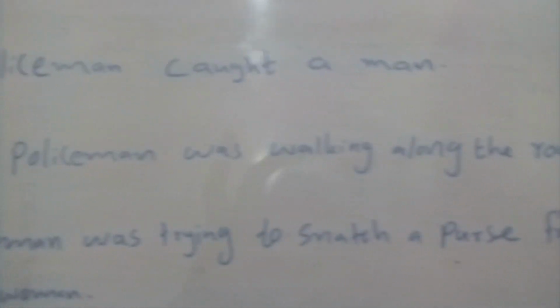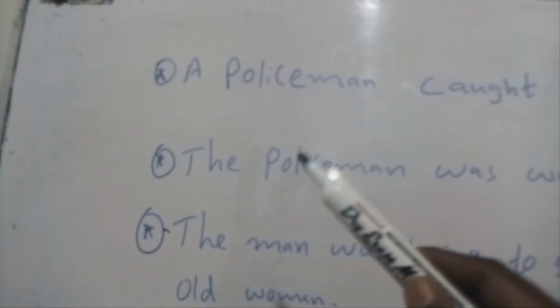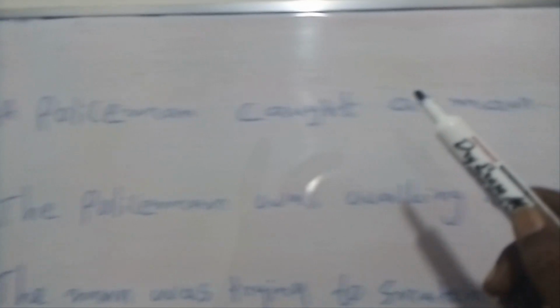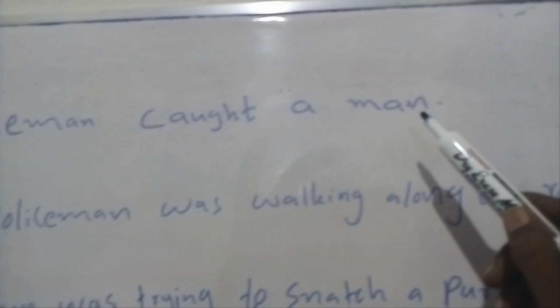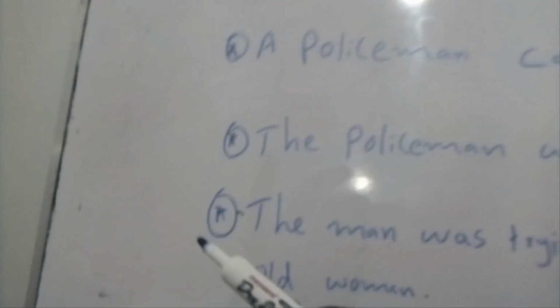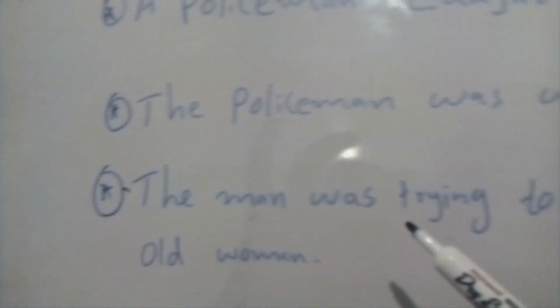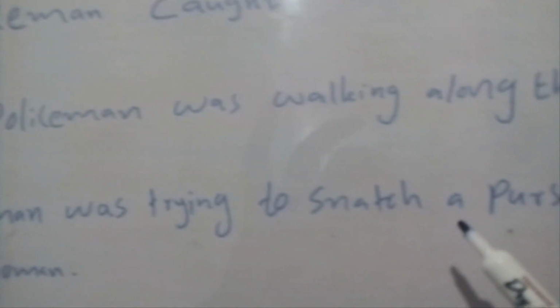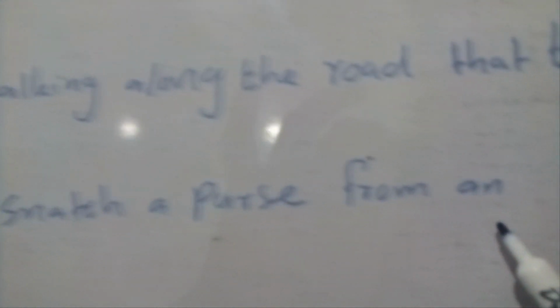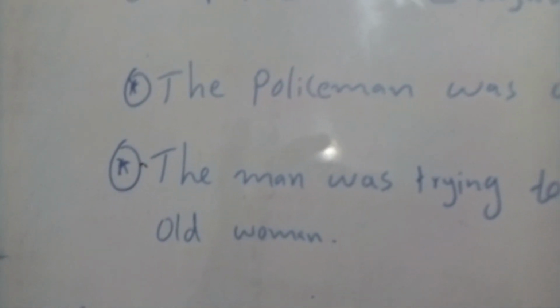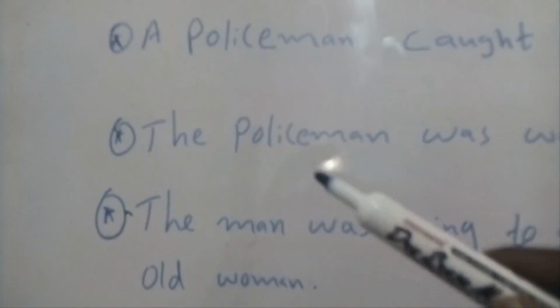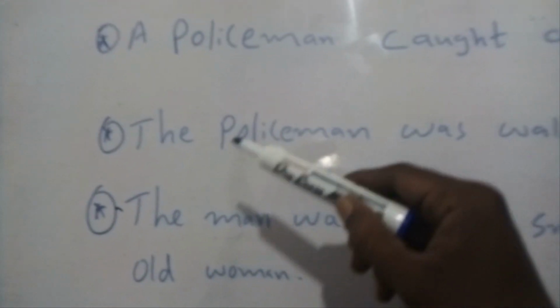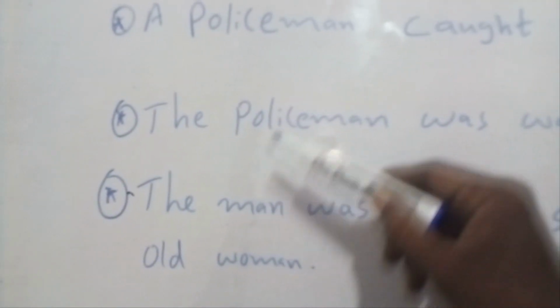And if I'm going to talk about this man, that man was trying to snatch a purse from an old woman at that time. So now I want to combine these sentences.